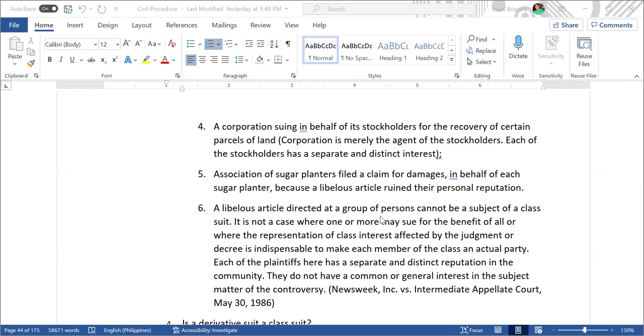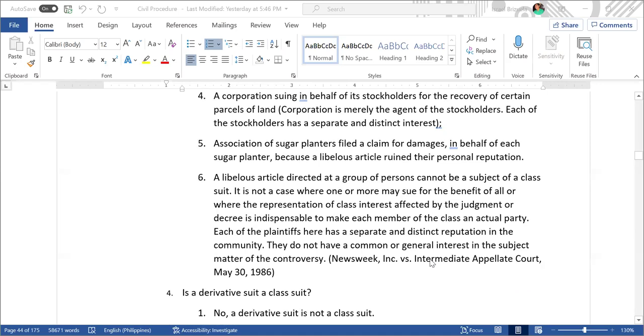It is not a case where one or more may sue for the benefit of all, or where the representation of class interests affected by the judgment or decree is indispensable to make each member of the class an actual party. Each of the plaintiffs has a separate and distinct reputation in the community. They do not have a common or general interest in the subject matter of the controversy. Newsweek Incorporated versus Intermediate Appellate Court, May 30, 1986.